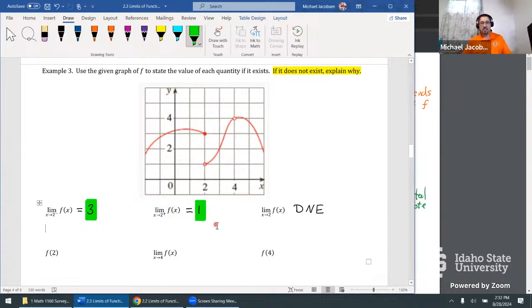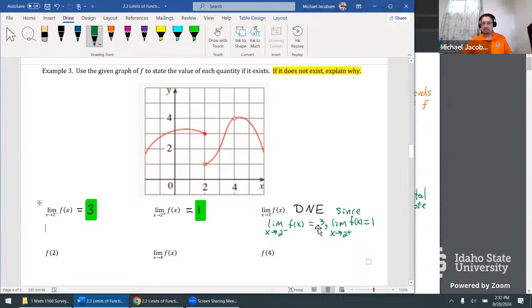Those limits don't match. We need to give an explanation, but we can just simply say does not exist, since the limit as x approaches 2 from the left of f of x equals 3, and the limit as x approaches 2 from the right of f of x equals 1.